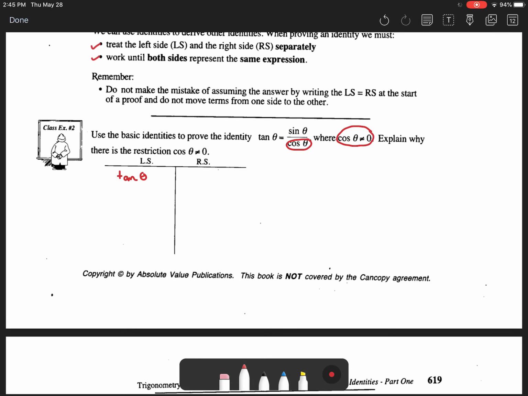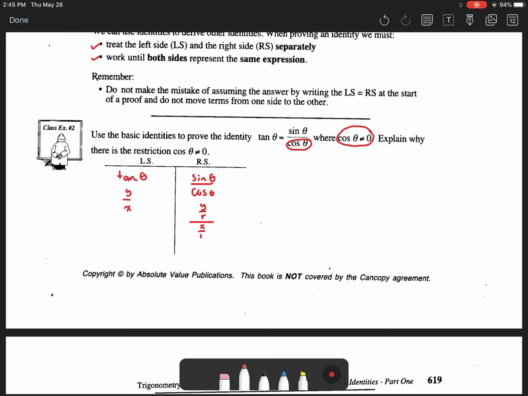So what do I do? Well, I work with the left-hand side. The left-hand side, again, is tan of theta. Now, in terms of x, y, and r, tan of theta is always y over x, opposite over adjacent. The right-hand side is sine of theta all over cos of theta.